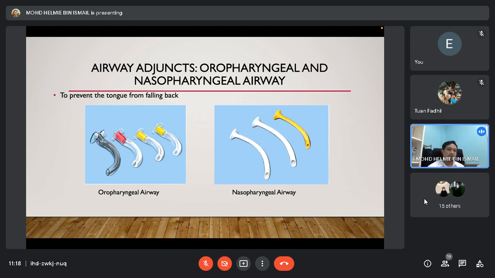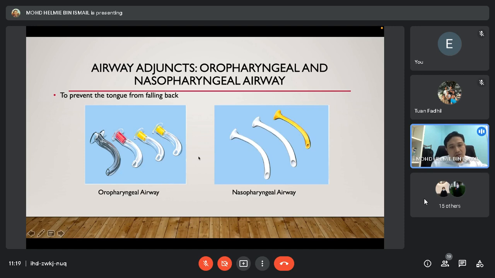And then if the patient has facial injury or oral injury, the tongue is destroyed, or suspected mandible fracture, you cannot use the oropharyngeal airway.